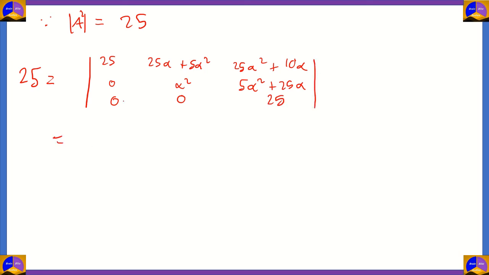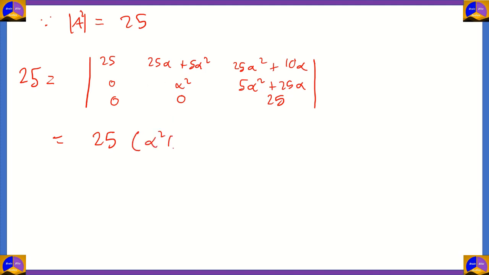So we'll now solve this determinant by expanding along the first column. The reason why is because we have more zeros in the first column, so you only have to get this determinant done, and the others can be equated to 0.